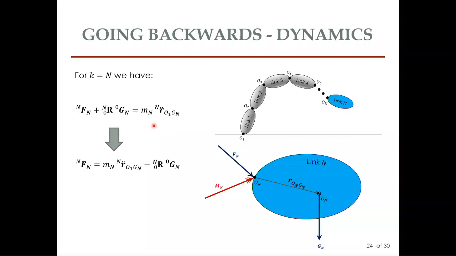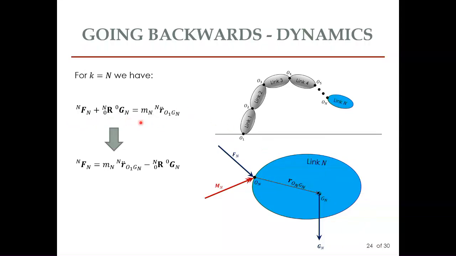So kind of Ma equals sum of forces. What is this sum of forces? This Fn, all of this equation written in frame n that is attached to this link, plus the gravity force. Now the gravity force is normally easy to represent in frame 0, and just calculate the rotation matrix from 0 to n to adjust this vector of gravity, and you have the linear Newton-Euler equation for this link.